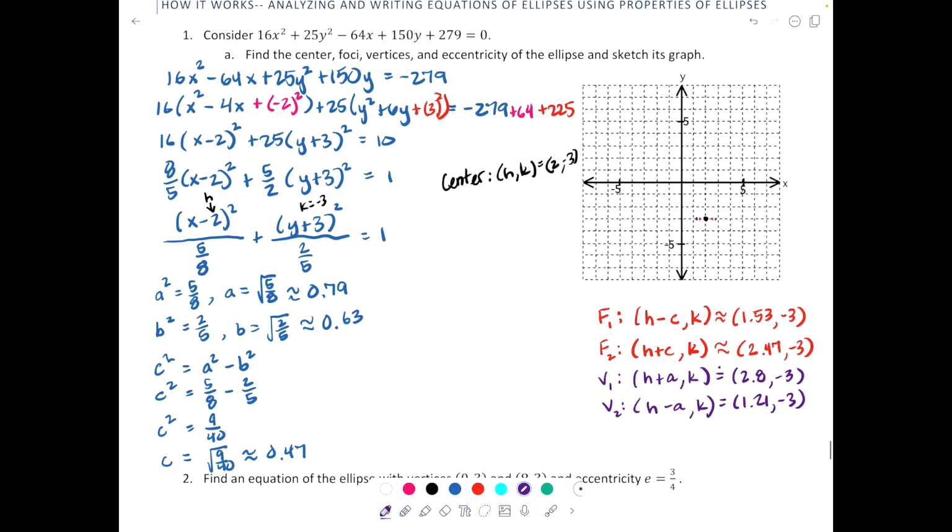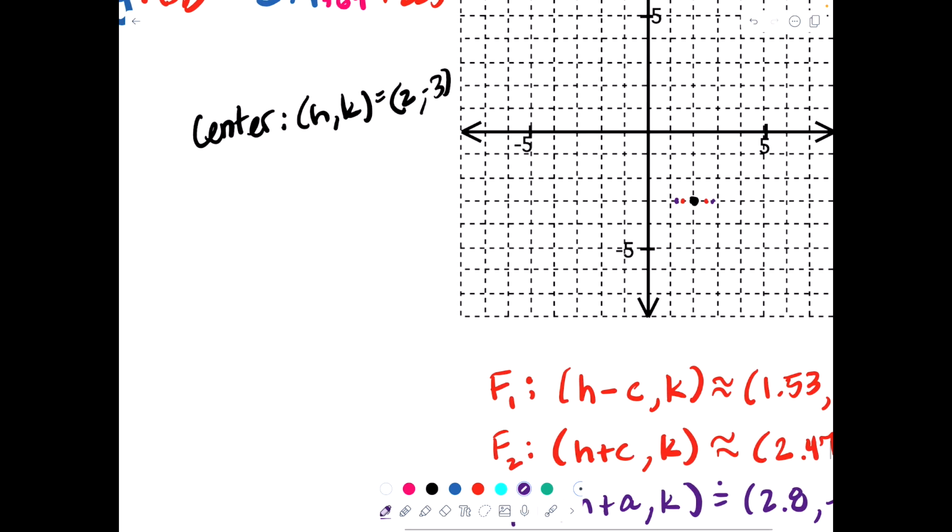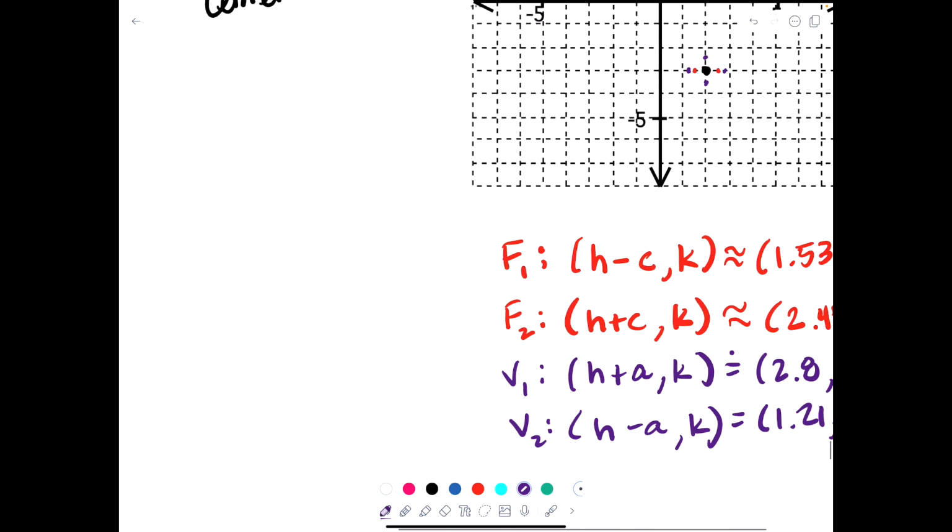Now, just to get the feel for how to draw this one, we're going to look at B, and we're just going to go from HK. B was 0.63. So I'm going to go 0.63 up, 0.63 down, and then our ellipse will be that little teeny tiny graph.